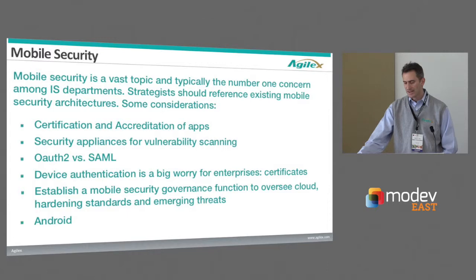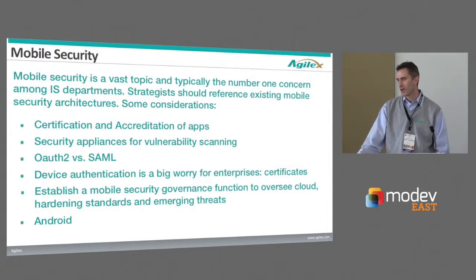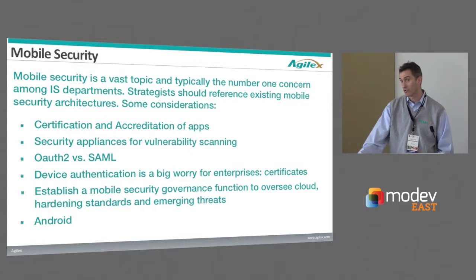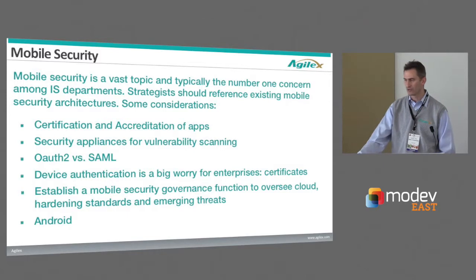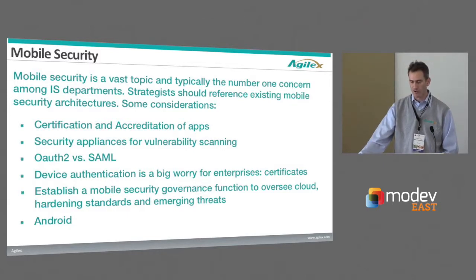You can do that after you develop the app, and a lot of times that's the approach we'll take: we'll develop the app and then run it through C&A and use tools like AppScan, Rational AppScan, Fortify is another, to do vulnerability scanning.